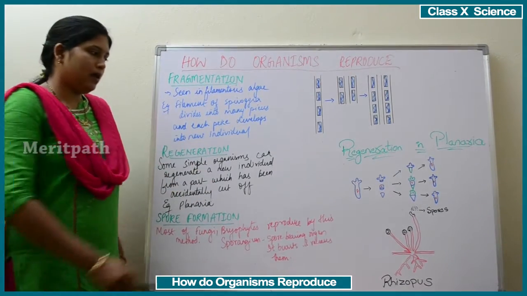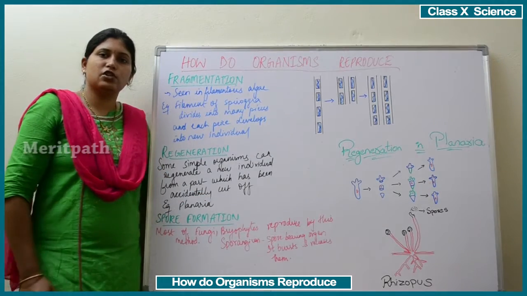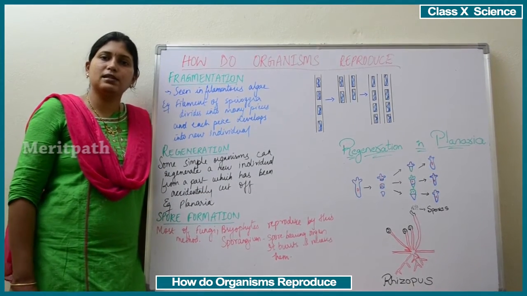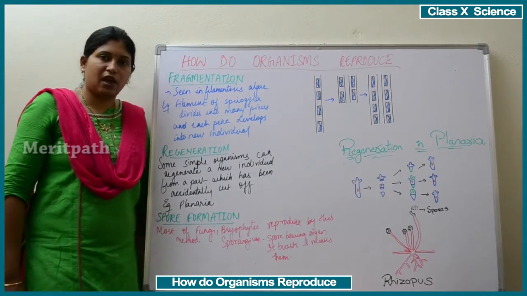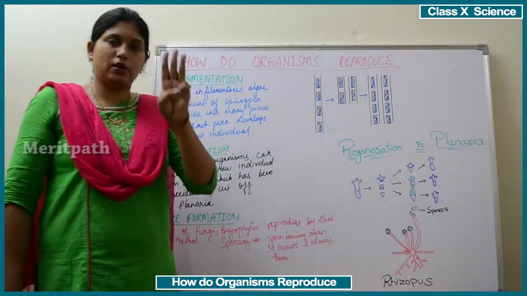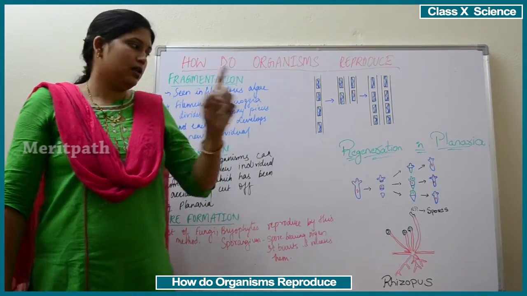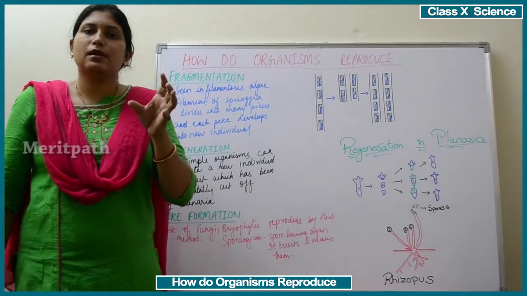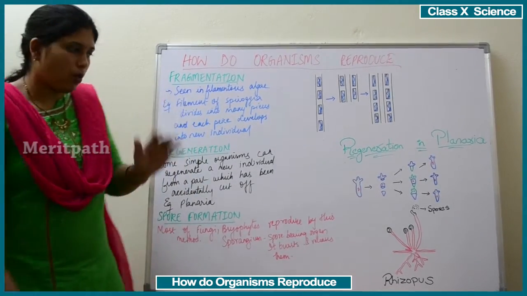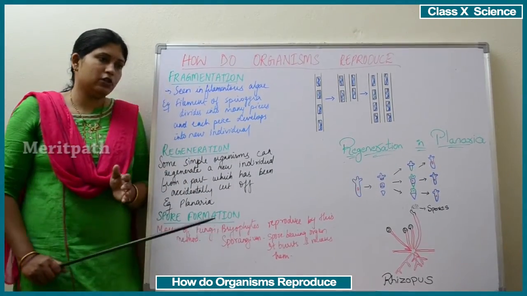Sporangium is a spore-bearing organ. It is a blob-like structure present in the Rhizopus. Rhizopus is a fungal growth on the bread. When conditions are favorable, the sporangium bursts, releasing spores.